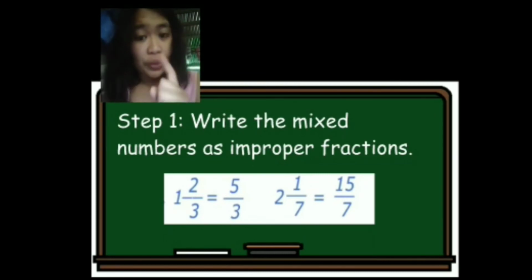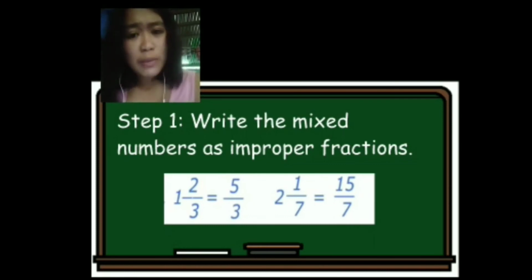Step 1, write the mixed numbers as improper fractions, so that we are able to solve the given problem, and it is not so hard. So 1 and 2 over 3 is equal to 5 over 3, and 2 and 1 over 7 is equal to 15 over 7.